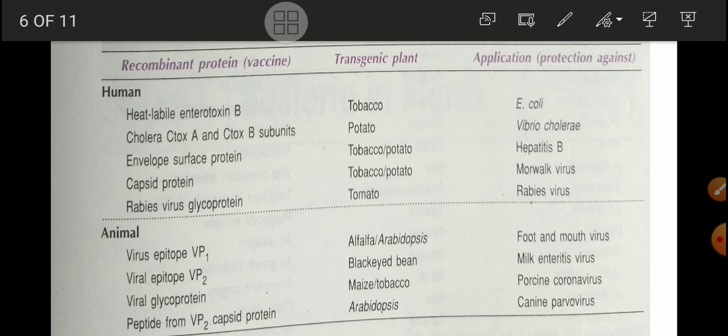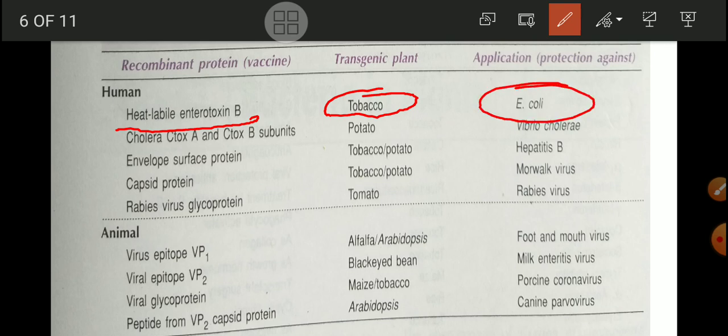Now, my friends, work has already started on the production of vaccines. In the case of humans, heat labile enterotoxin B can be produced with the help of a transgenic tobacco plant, and with its application the consumer will not be affected by Escherichia coli.